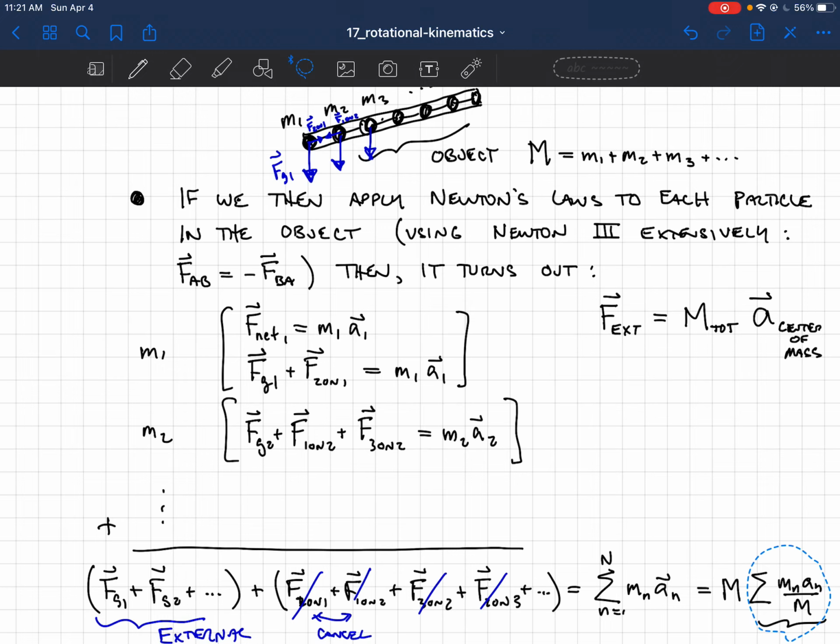So what you could write is that that's actually the change in the velocity over time. So we could write, for example, that the velocity of the center of mass is equal to m1 v1 plus m2 v2 plus dot dot dot all over the sum of all the little m's, which we could just write as capital M total.